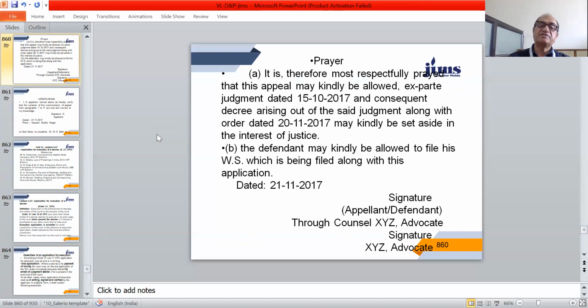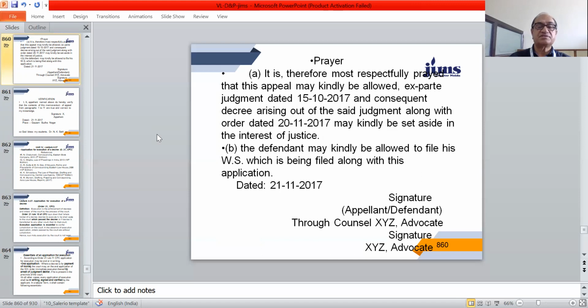And B, second relief is, the defendant may kindly be allowed to file his WS, which is being filed along with this application. Date of filing this appeal is to be drafted like 21st November 2017 and signatures of appellant defendant are required on this memorandum of appeal.